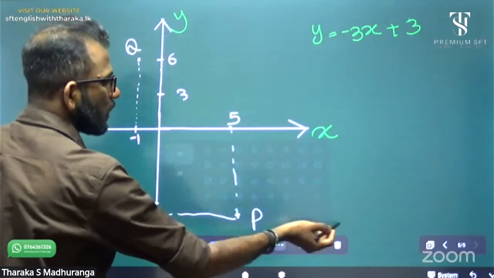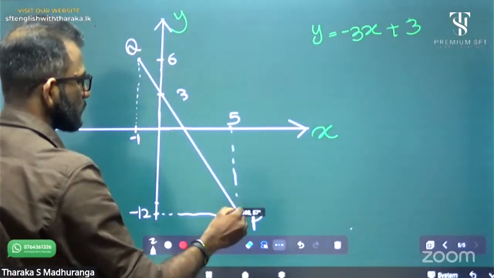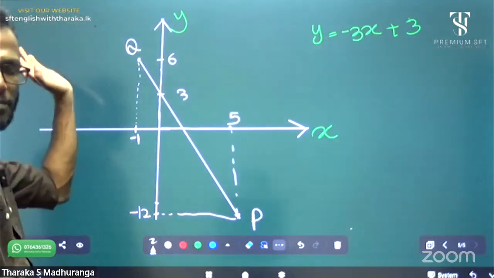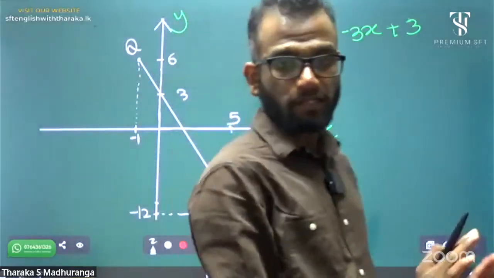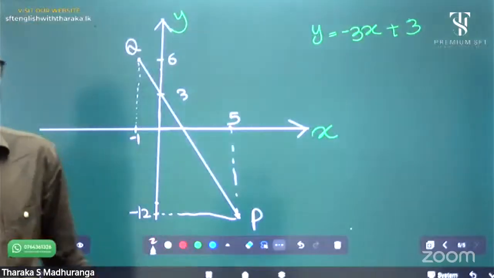As I told you, our prediction is correct, right? See, this is the straight line. Our prediction is perfect, right? I told you this is the direction.